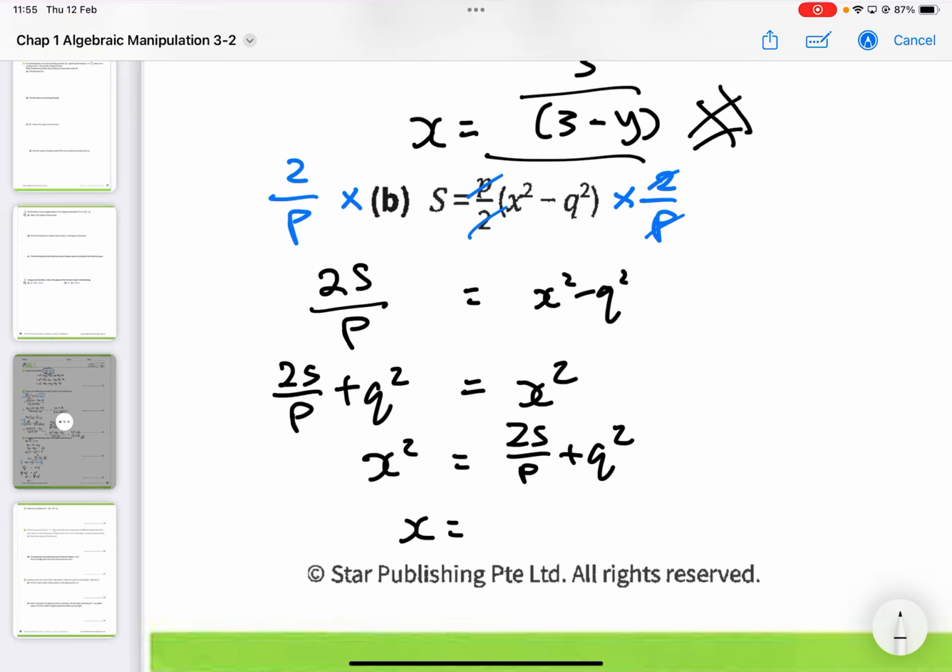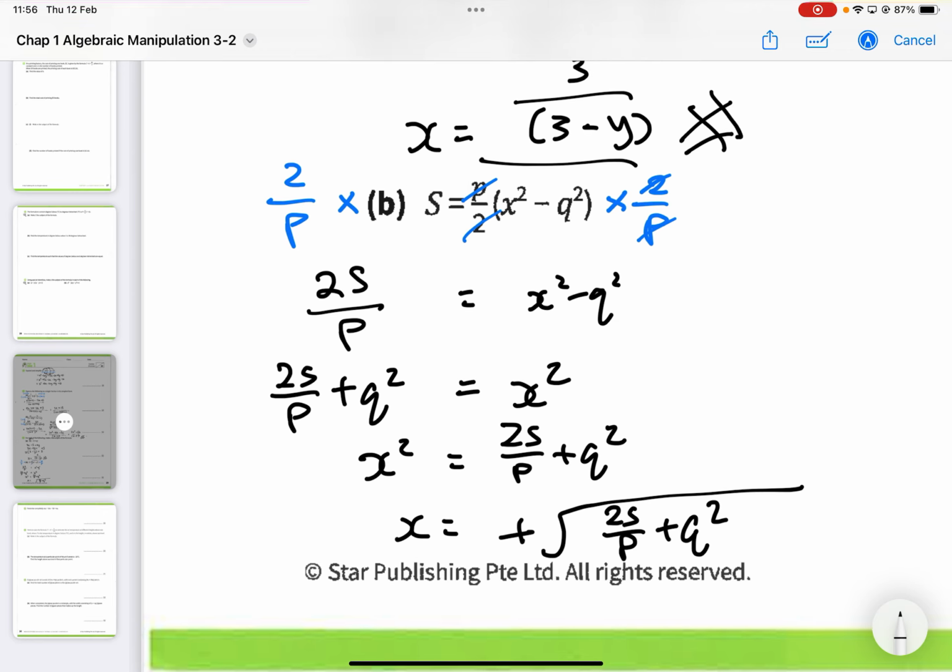I am just switching them, so I don't need to change sign. Then finally, I want x. I don't want x squared. So I will need to take square root. Because square root will cancel out my square. Yeah, then I need to add plus minus.